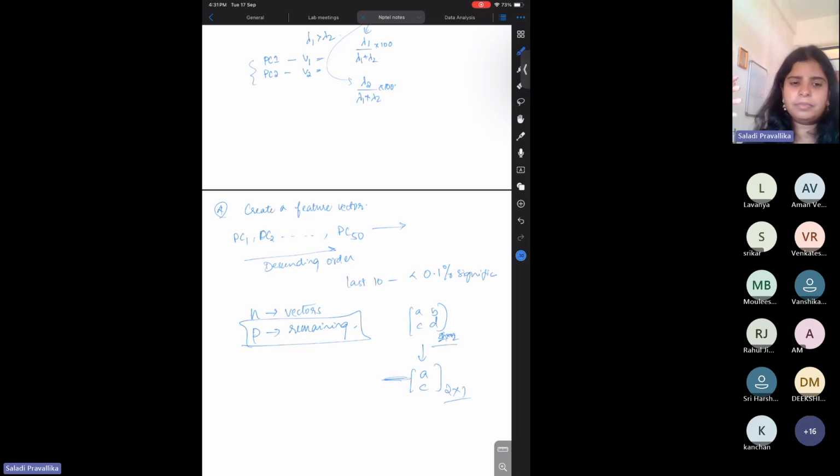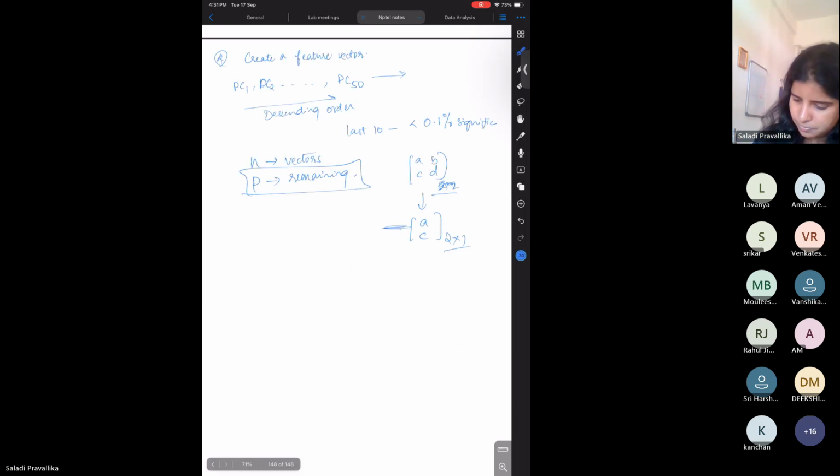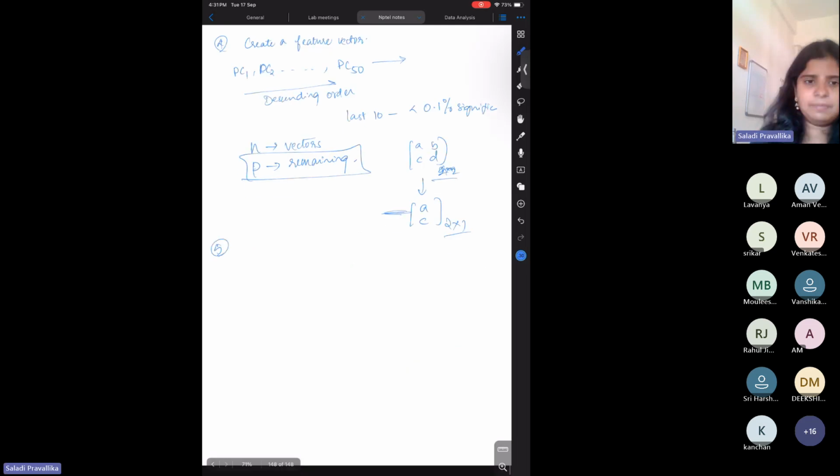Right? And then let's go to step 5. Step 5 is to recast the data along the principal components axis. Recast the data.